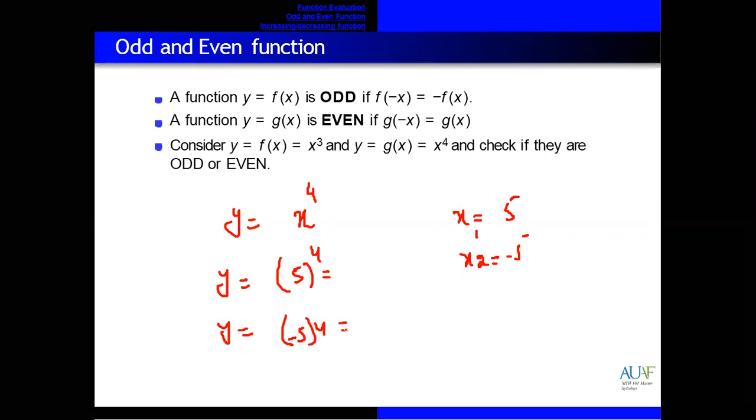What is the value of 5 power 4? 5 power 4 equal to what? Equal to 625. And this one, minus 5 power 4, same. Both are the same, 625.